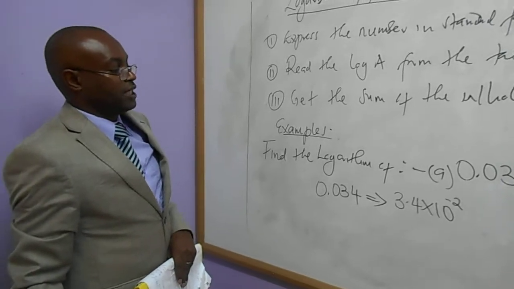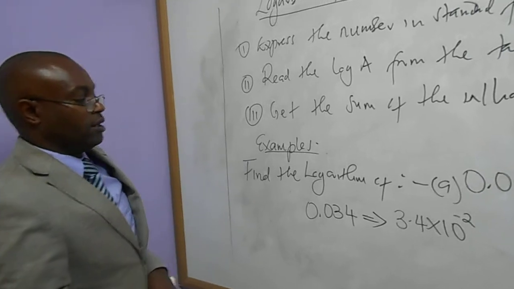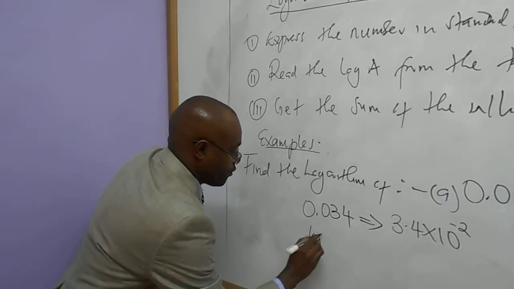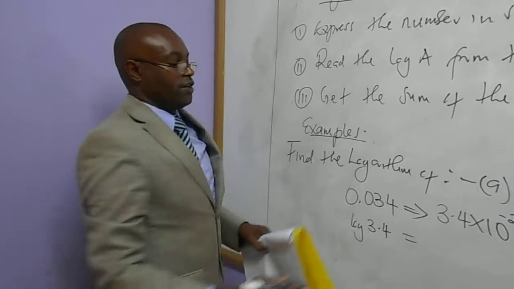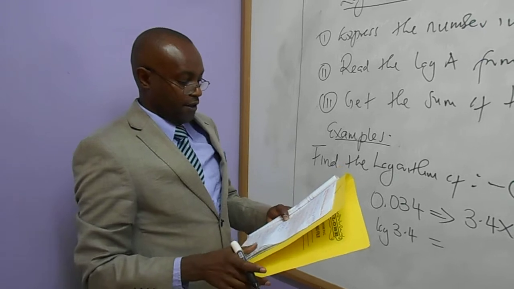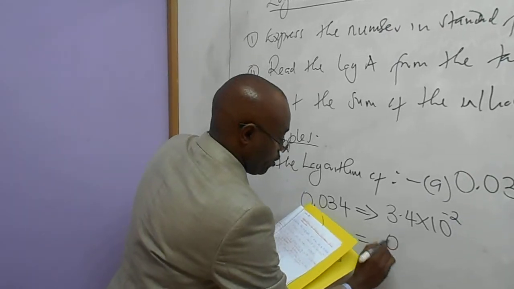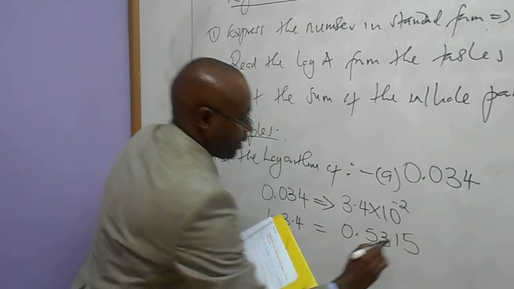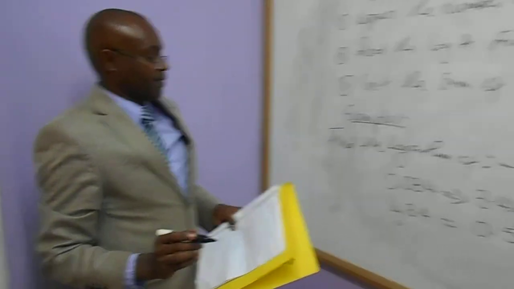The next thing we need to do is to read the log of 3.4 from the mathematical tables. If you read the logarithm of 3.4 from the tables, you're going to get 0.5315. You can confirm that from your tables.